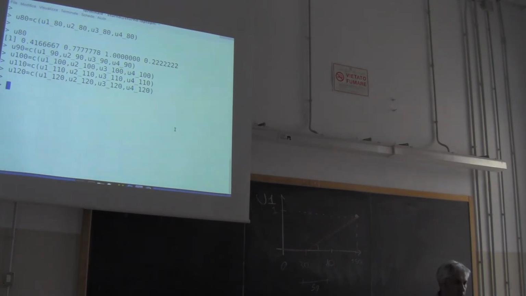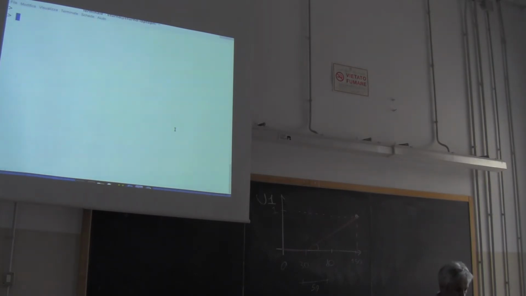Now let's have a look at these utilities. U80, U90. Let's see what the configuration is. Are the values of these utilities reflecting our expectation? Remember that the first indicator in these 2 vectors is economic benefit.